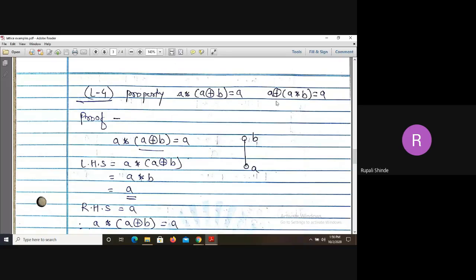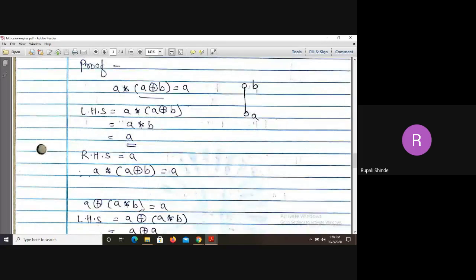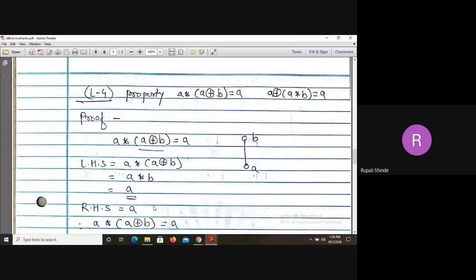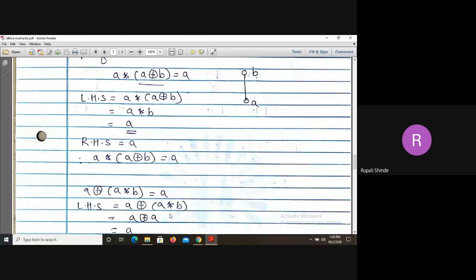Now we have to check the second operation, and that is for join operation. So consider LHS. LHS is A XOR, A star B. So first we will solve this bracket, A star B. The value for A star B is A, that is written here.